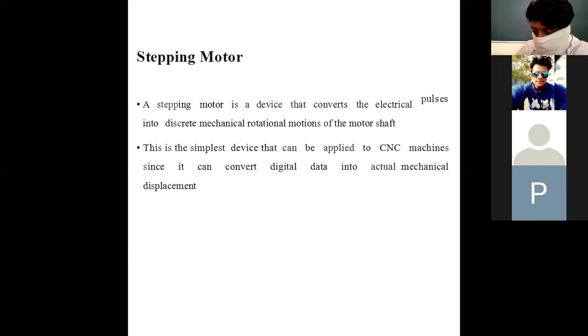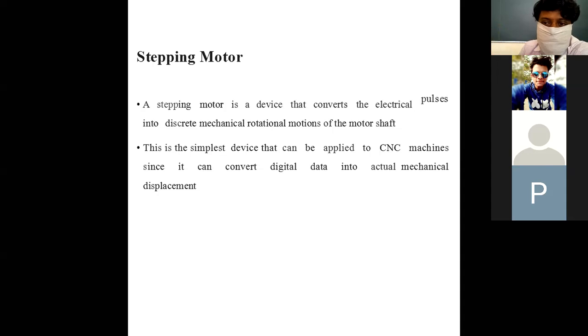Now, the most important type of motor is the stepper motor. This must be known to you. A stepper motor is a device that converts electrical pulses into discrete mechanical rotational motions of the motor shaft. Instead of revolving a full rotation of the shaft, it uses electric pulses and by using those pulses it provides angular motion, a stepped type of motion.